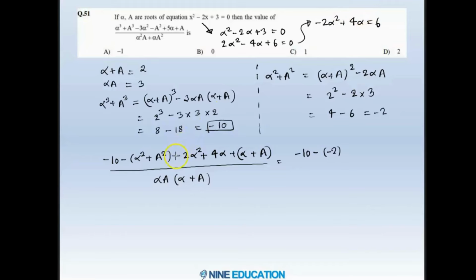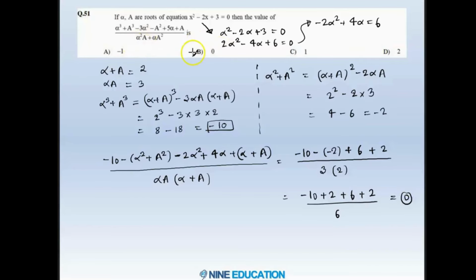So in the place of this minus 2 alpha square plus 4 alpha, I can simply write plus 6, and again in the place of alpha plus a I can write plus 2. So this overall thing, if you observe in the denominator, that is also 3 into 2. Now minus 10 plus 2 plus 6 plus 2, numerator is becoming 0. So the answer is going to be 0 for this particular question, which was option number B.